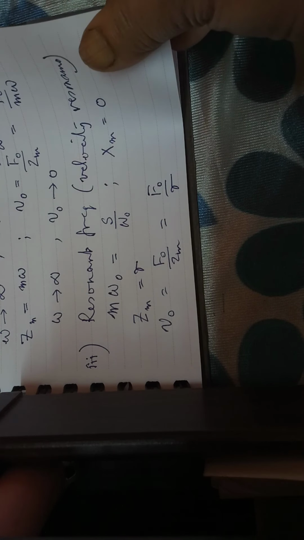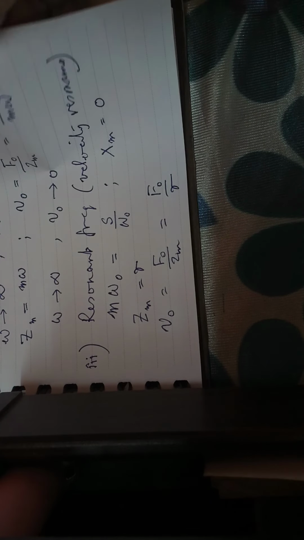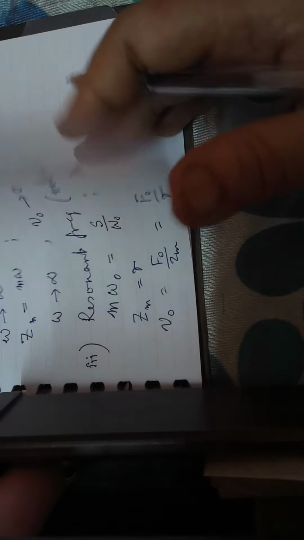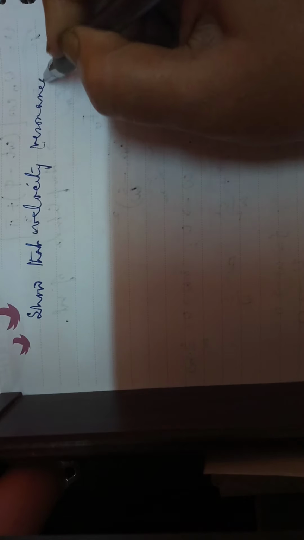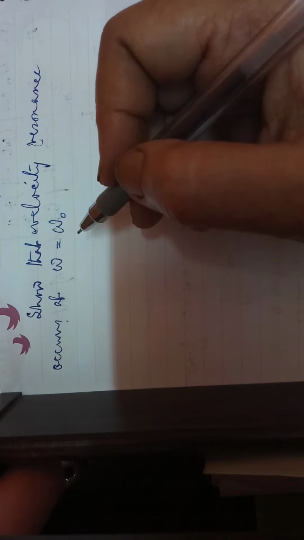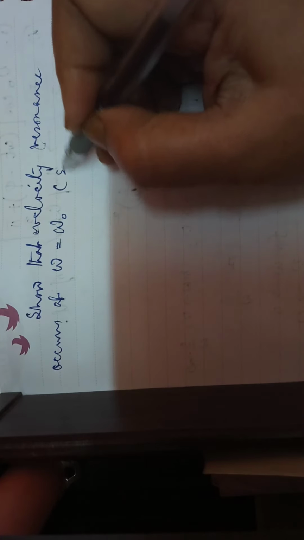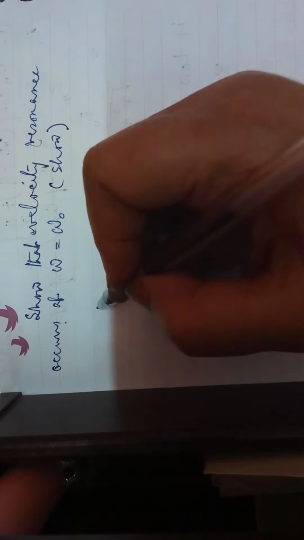Omega naught is equal to the square root of S by M. What you have to show yourself for your assignment is that velocity resonance occurs at omega equal to omega naught, which is equal to the square root of S by M. How will you show it?